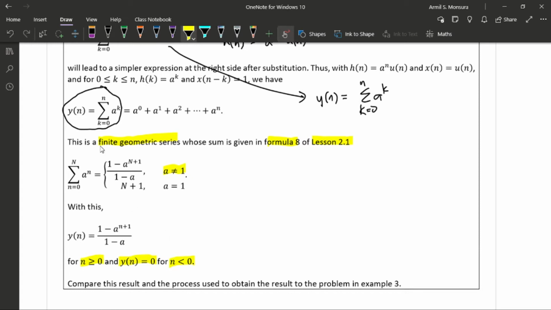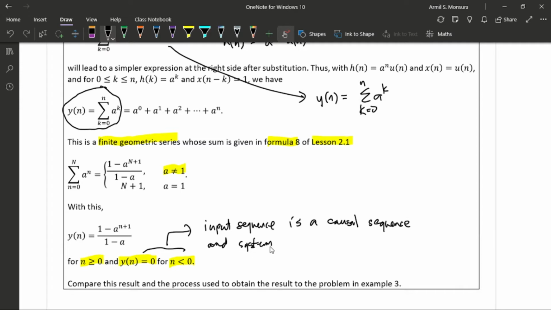Again, ang logic dito, being your y of n 0, your output sequence being 0 for negative values of n, is that your input sequence is a causal sequence, and your system is a causal LTI system.